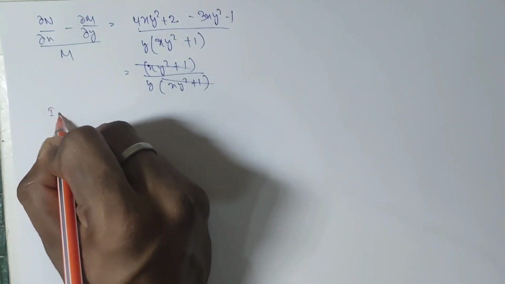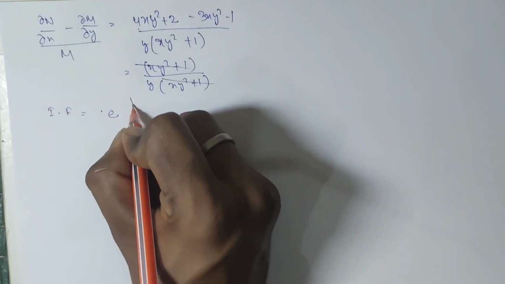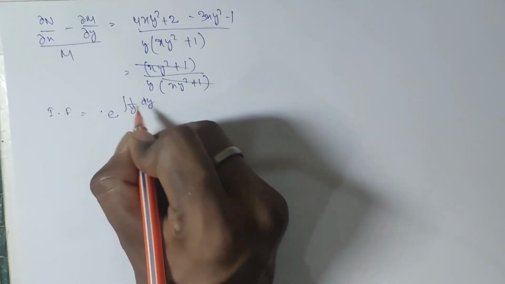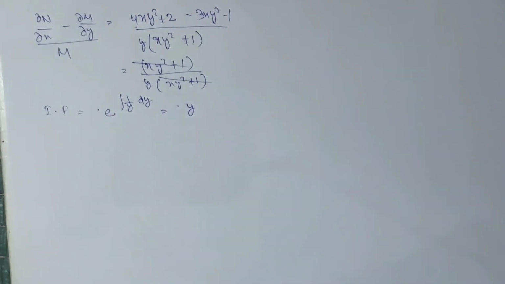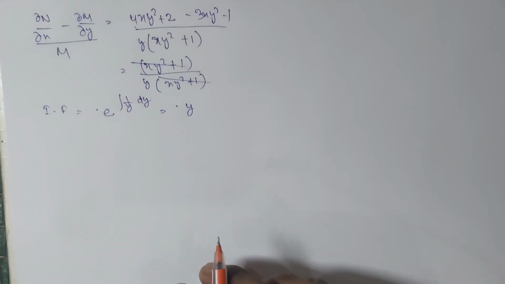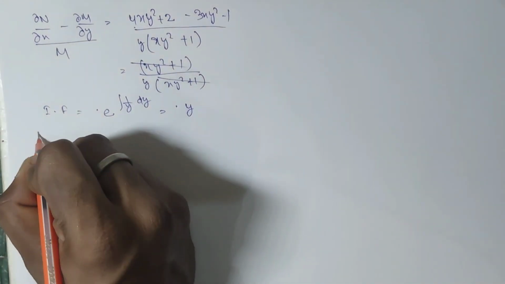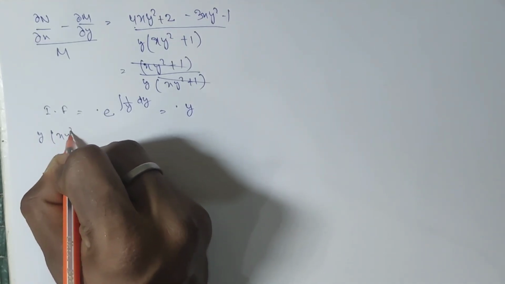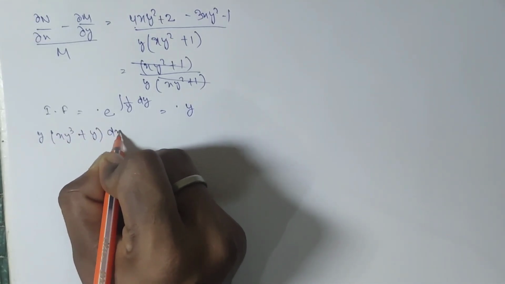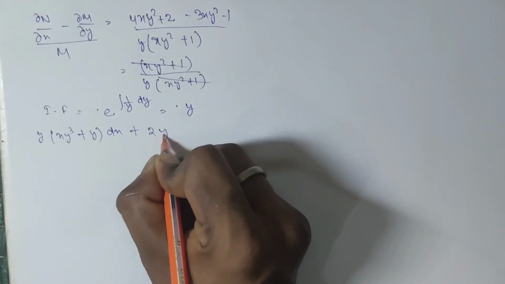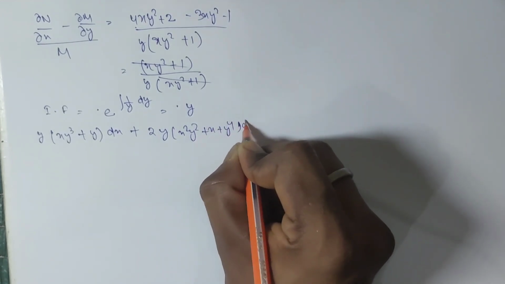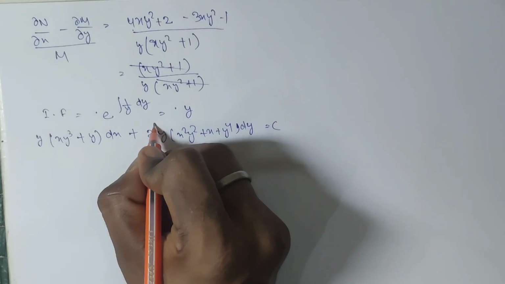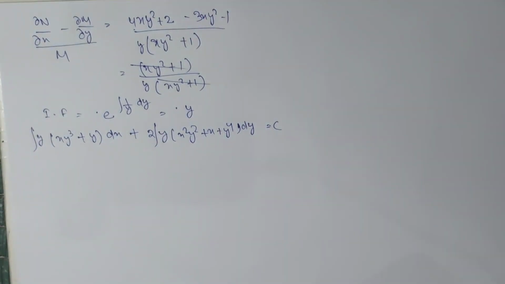So now the integrating factor becomes e to the power integral of 1 by y dy, so it becomes ln y, and exponential of ln y equals y. Now we multiply y on both sides, so it becomes y times (x y cube plus y) dx plus y times (2x square y square plus x plus y fourth) dy equals c. Here integration takes place.